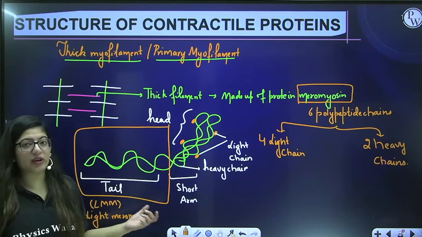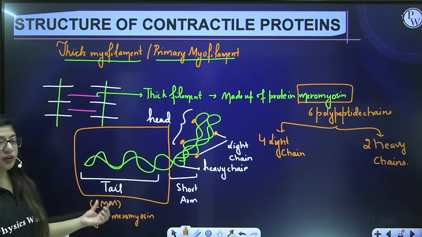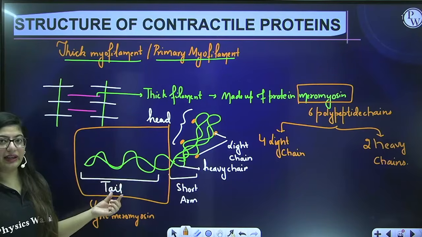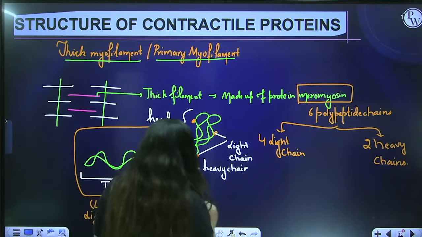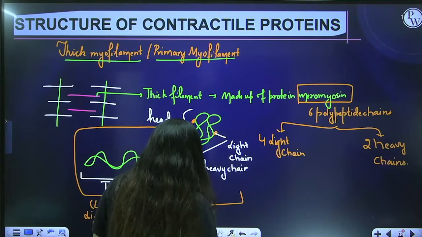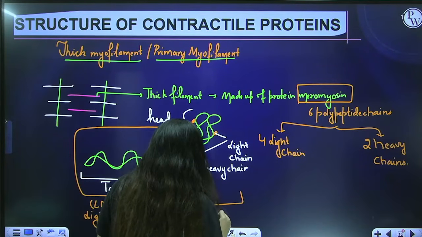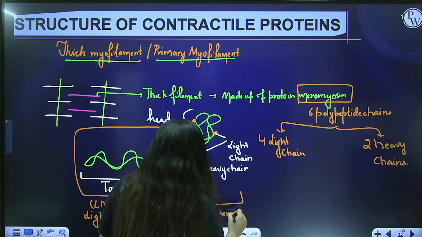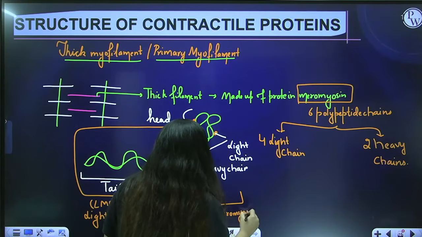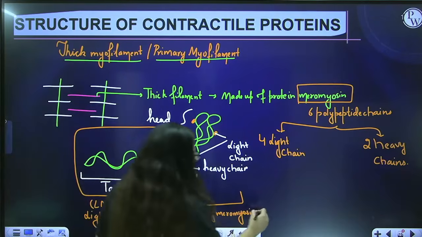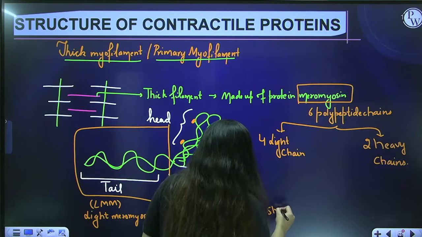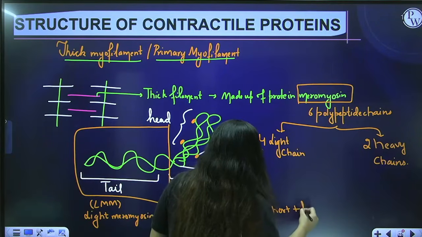A basic question can be asked: the light meromyosin contains the tail, whereas the short arm and head together form heavy meromyosin. What does heavy meromyosin contain? It is made up of short arm plus head.